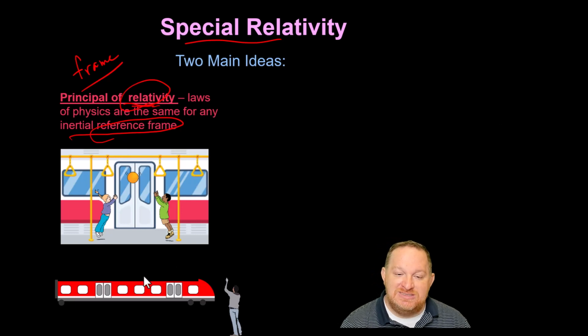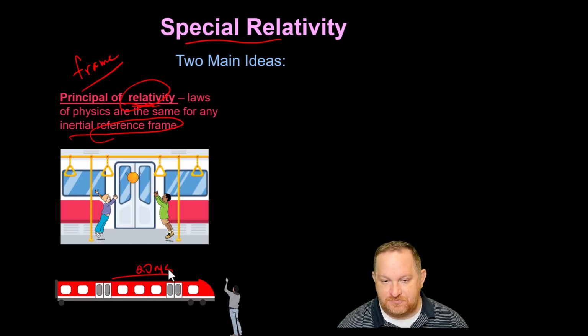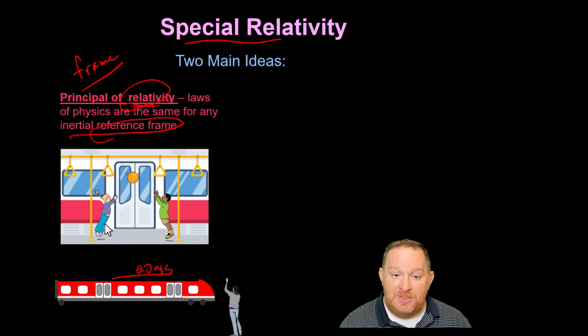So take, for example, these two images. Down here we have an observer watching this train. And let's say this train's moving along at 20 meters per second. If there are some kids on that train and they throw the ball, let's say she throws it with a force of 5 meters per second this way. Now we have the 20 plus the 5 to this reference person here.